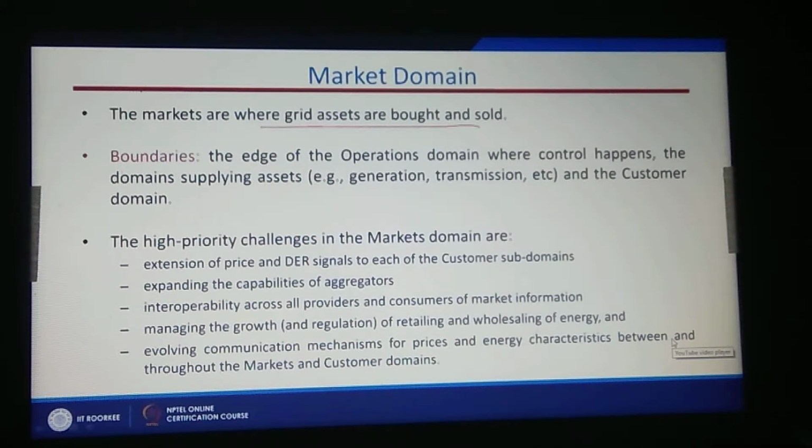Now, there are some high priority challenges as far as the market domain is concerned. What is the first challenge? The first challenge is extension of price and DER signals to each of the customer subdomains. What is that?